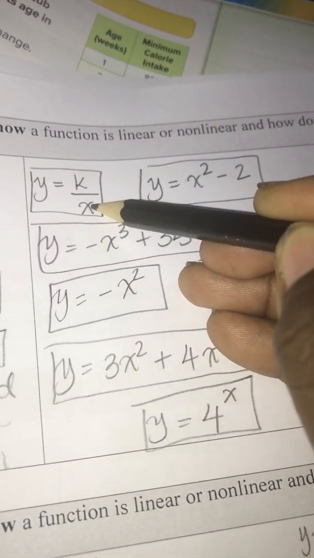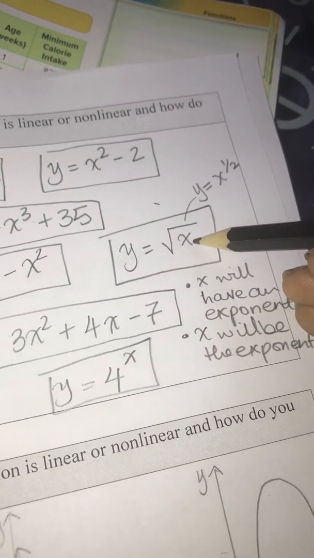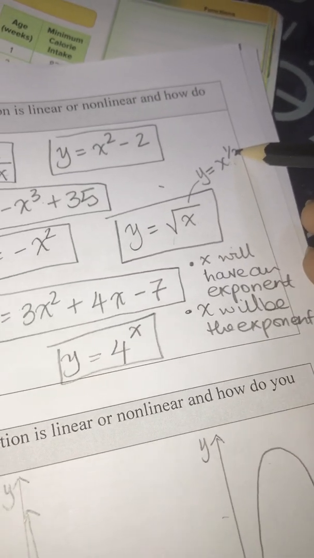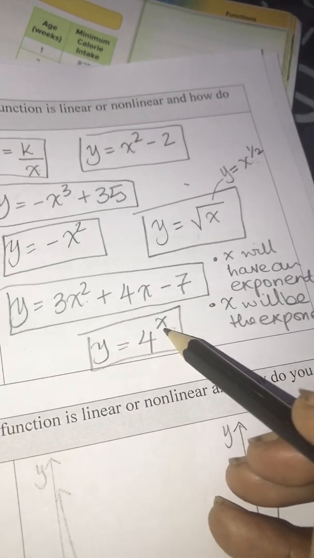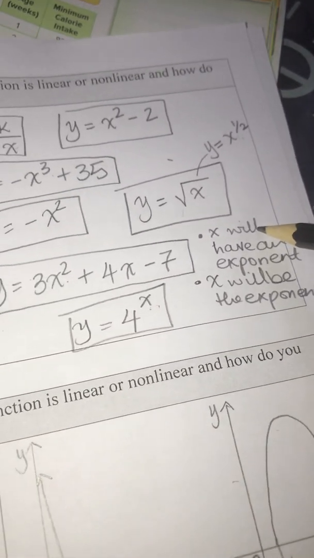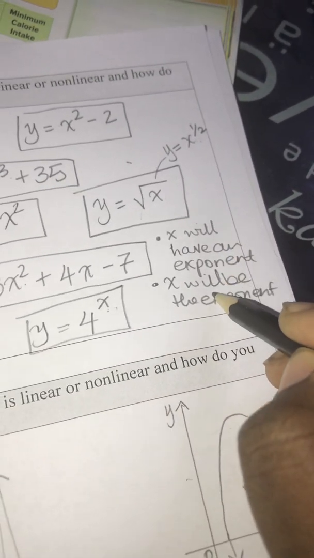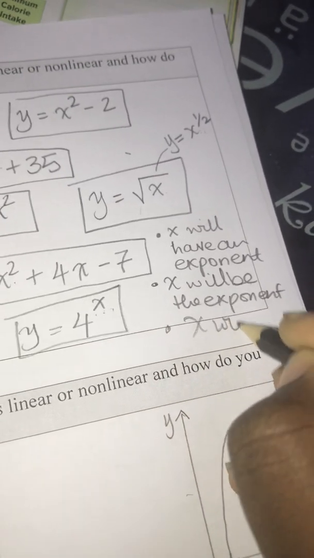Okay? Now, x is being divided. X has an exponent. Do you see that? X is under a square root. That means x, the exponent, is a fraction. And here, look, x is also used as an exponent. So x will have an exponent. X will be the exponent. X will be divided.